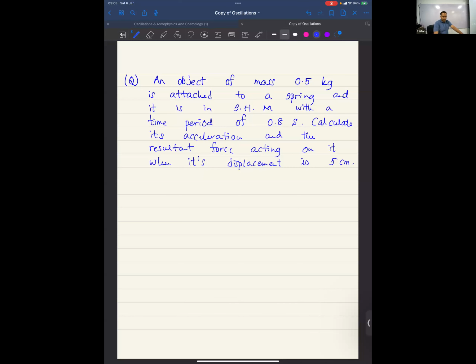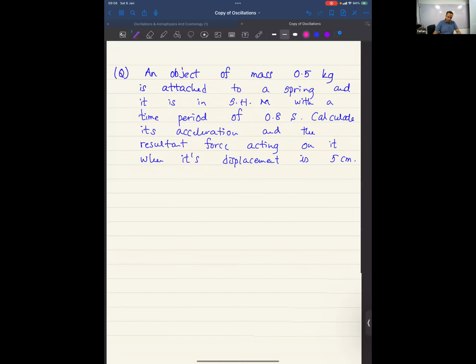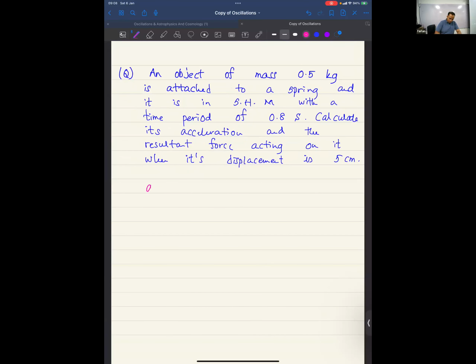Right, guys, acceleration is given by a equals minus omega squared x. But if you forget about the minus sign, which is just for the direction, we can take it as a equals omega squared x to find the magnitude of the acceleration. So omega is equal to 2 pi over T, which is 2 pi over the time period given, 0.8. That is the omega. So a equals omega squared x.